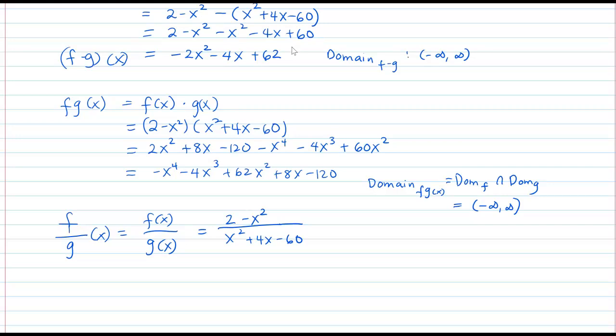Then let's find the domain. So the domain here is the intersection of f and g, and then for the domain of f over g, that is equal to the domain of f intersection the domain of g, and then you take away the values of x such that g of x, the denominator, is equal to 0.